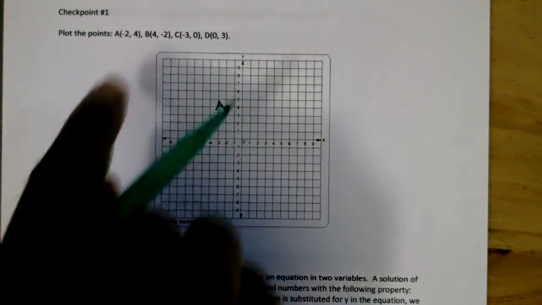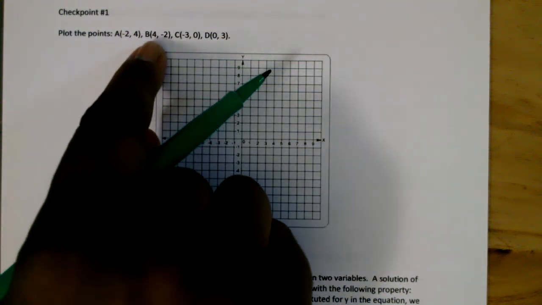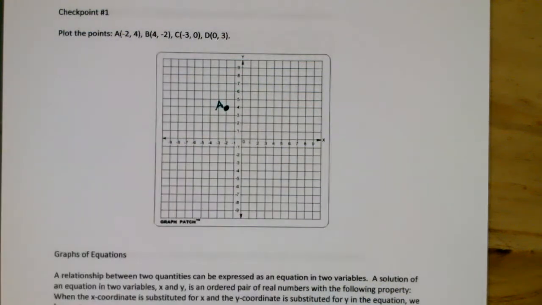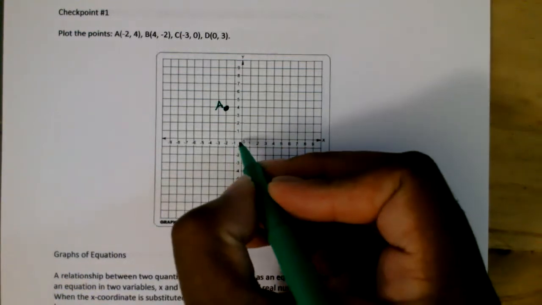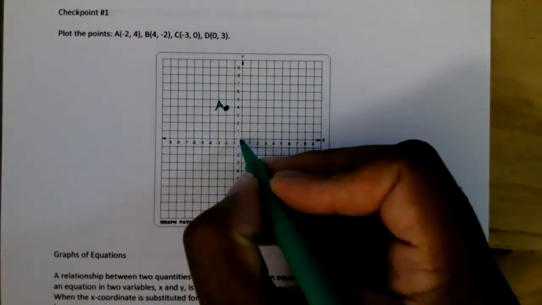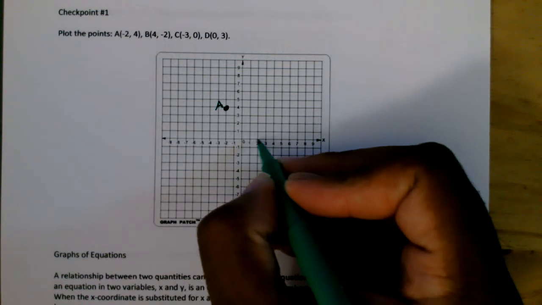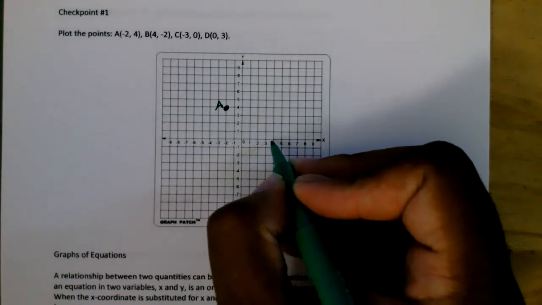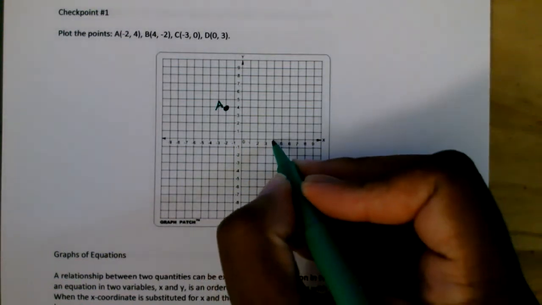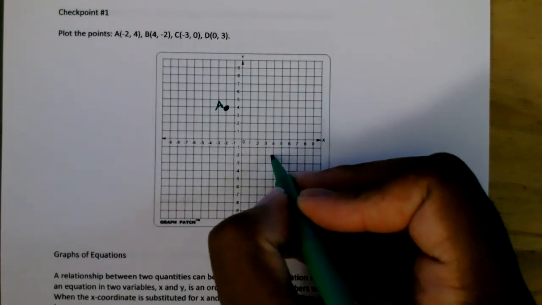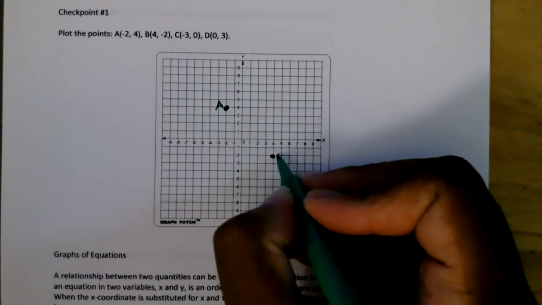And now for point B, with the coordinates 4, -2, we start at the origin. So that means we go to the right, 1, 2, 3, 4. And then from there, my y coordinate is -2, so we go down 1, 2, and draw that point.